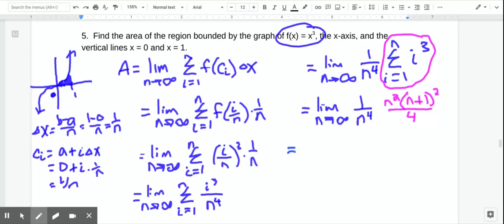Okay, now we're going to simplify this. I'm going to start by canceling some n's because I can. Remember, we still haven't done anything with this limit. We will get to that. The numerator, I'm going to FOIL that out. So it's n squared plus 2n plus 1. And the denominator is 4n squared.